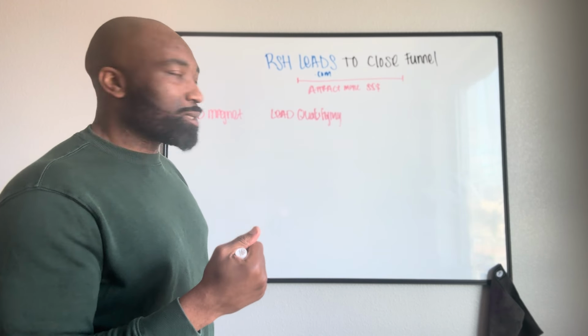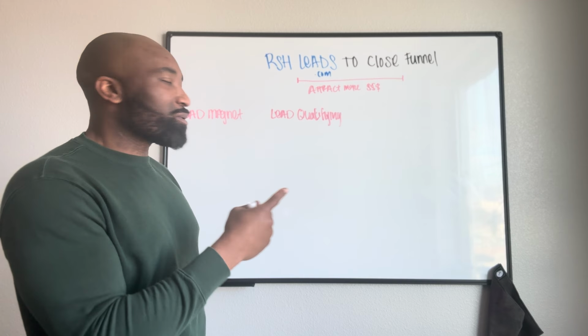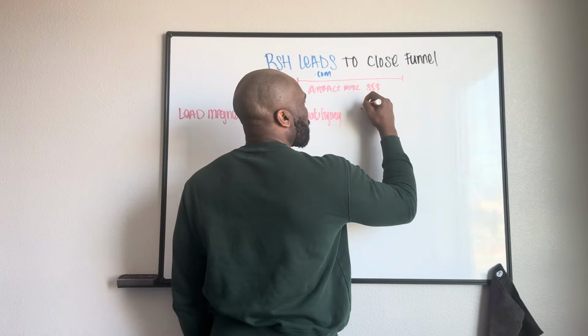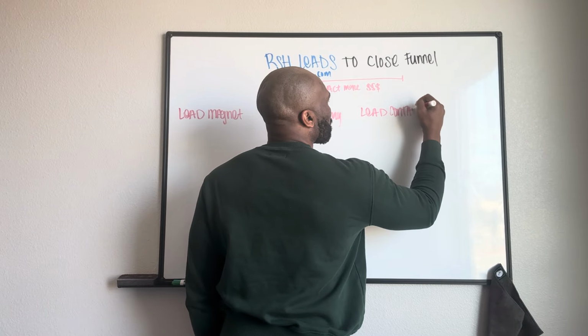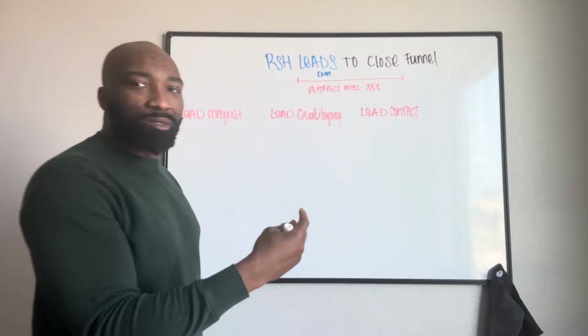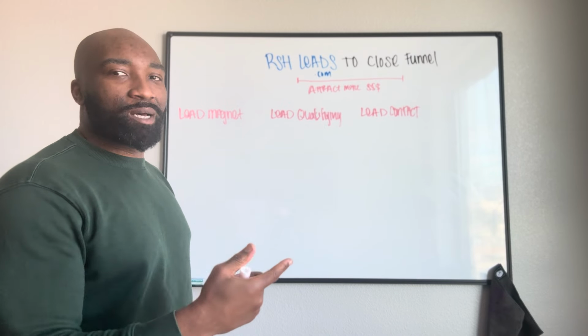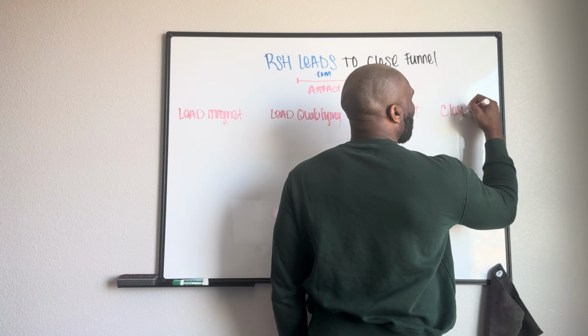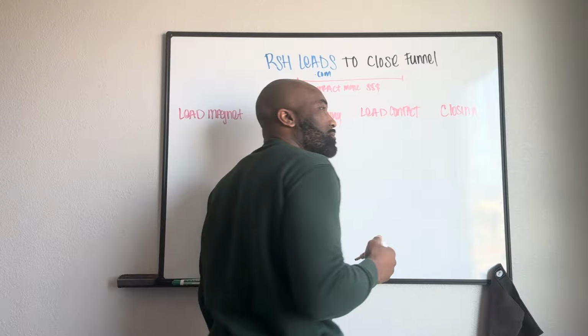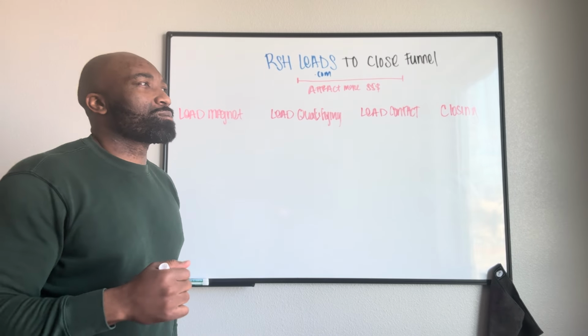Make sure you're getting quality leads. We build the mechanisms for that. Then there is your lead contact. We build the mechanisms to get you into actual contact with your leads. And of course, closing.